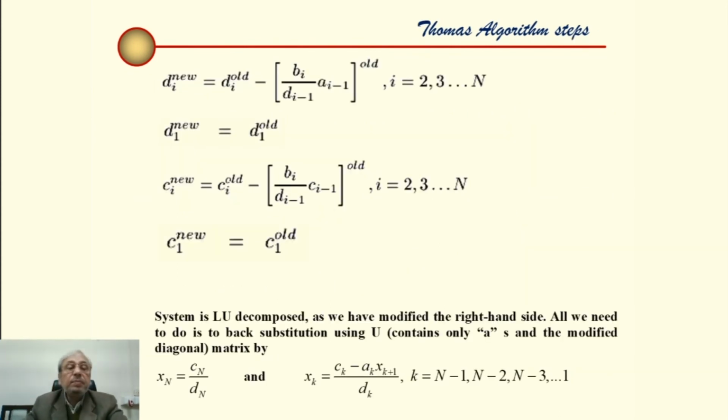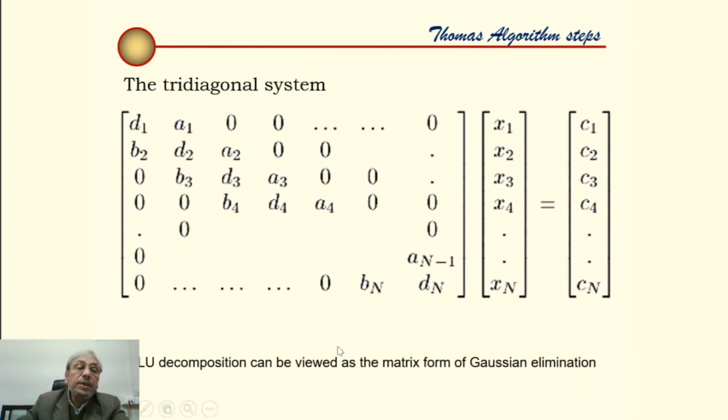Applying this algorithm, we just change the diagonal elements and the right hand side vector elements, and just these two arrays are changed, D1 to Dn and C1 to Cn.